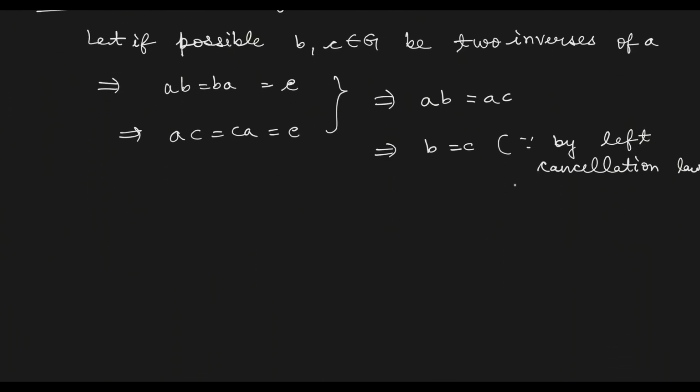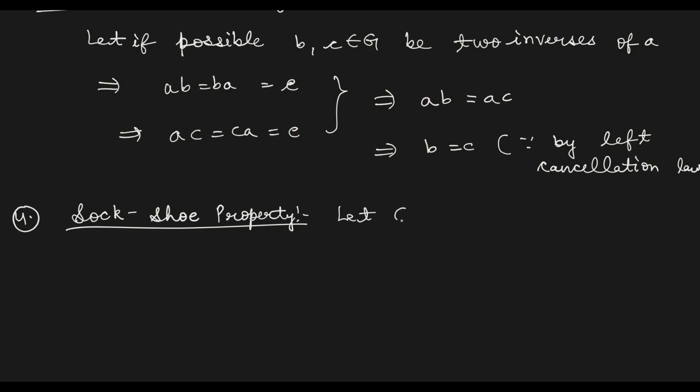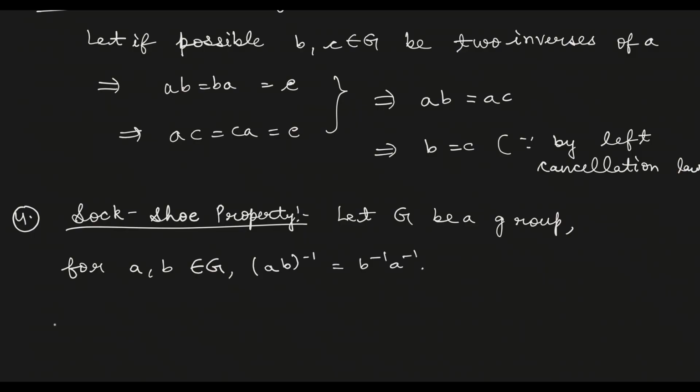Fourth property, sock shoe property. Let G be a group, for a, b belongs to G, ab inverse is equal to b inverse a inverse.